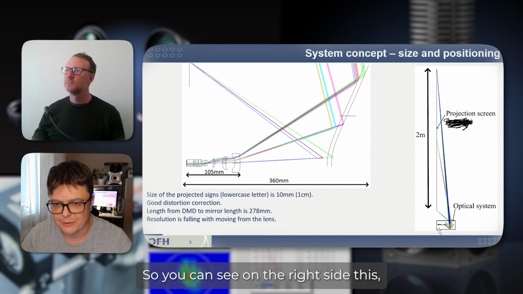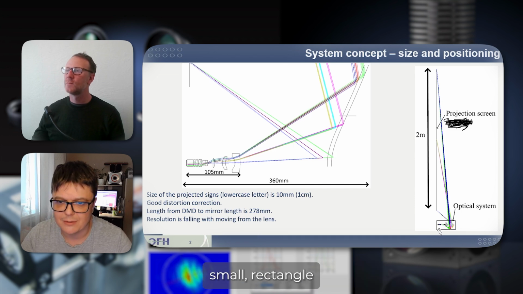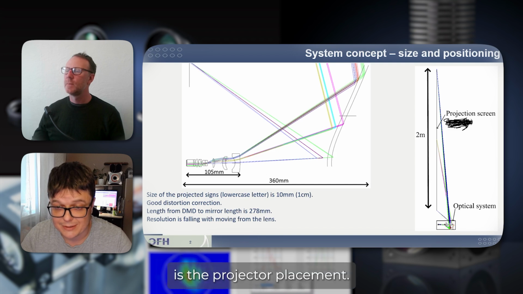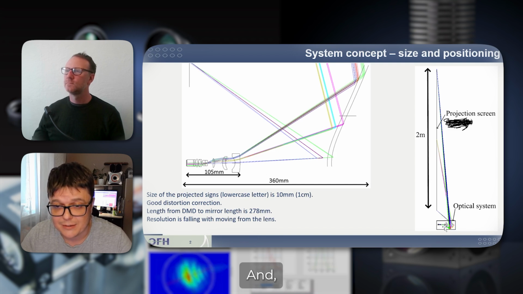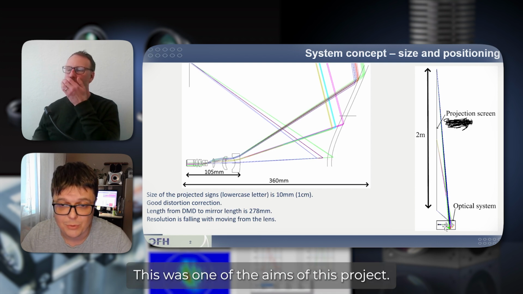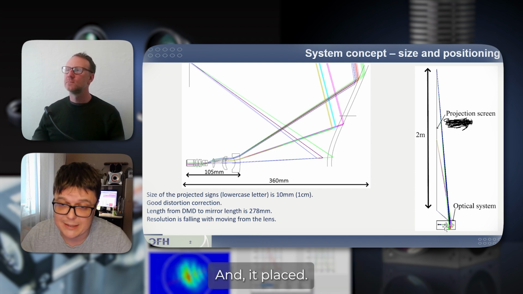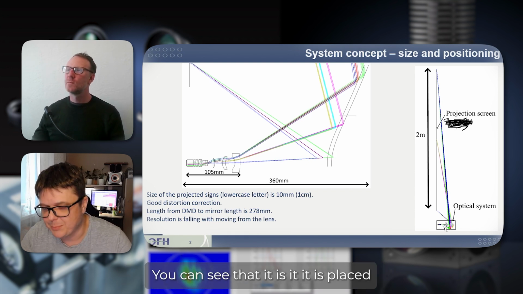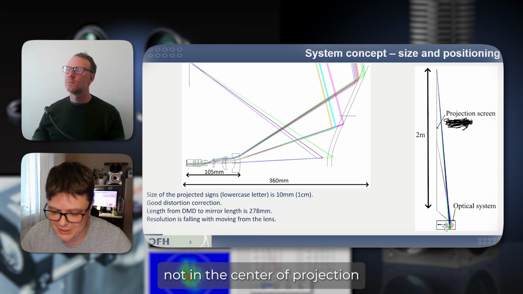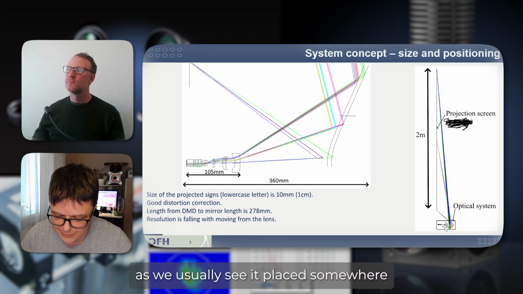Well, you can see on the right side this small rectangular is the projector placement. And it is extremely small for such tasks. This was one of the aims of this project, and you can see that it is placed not in the center of projection as we usually see.